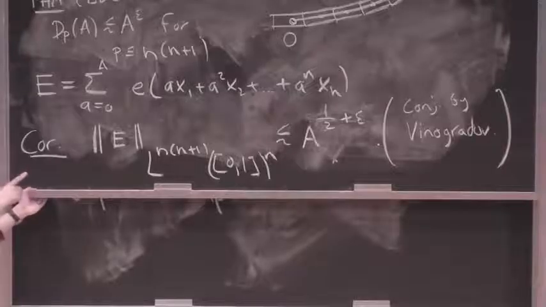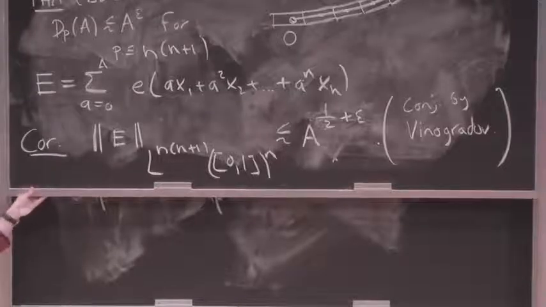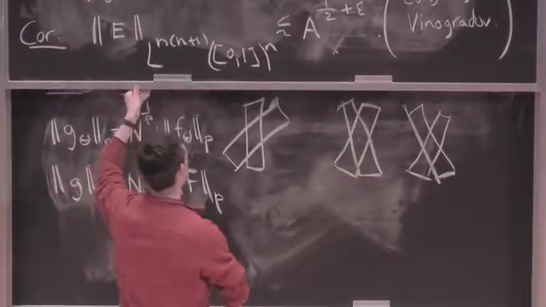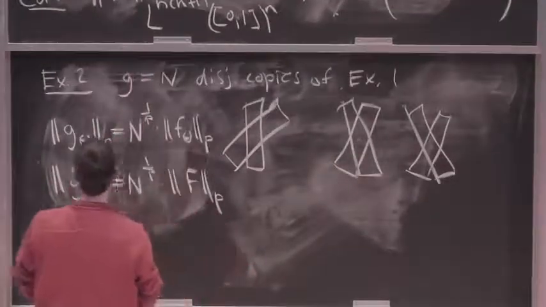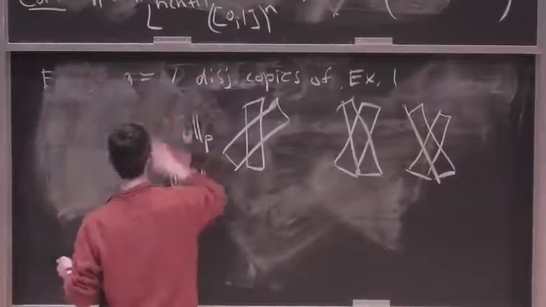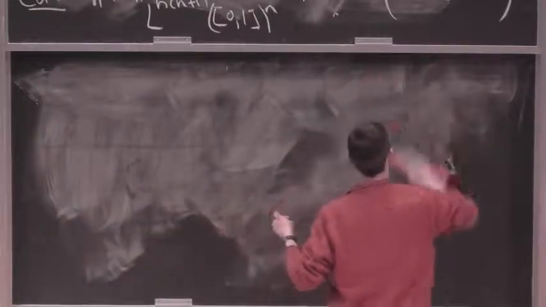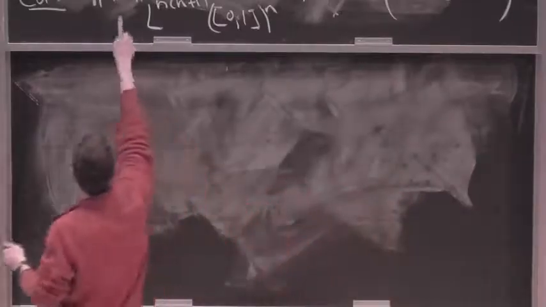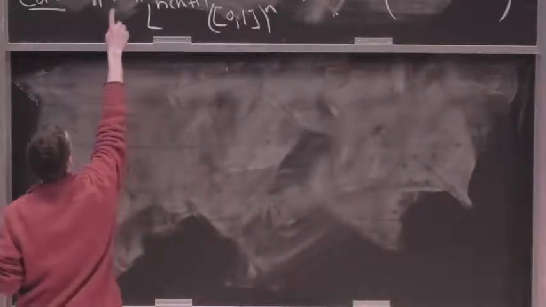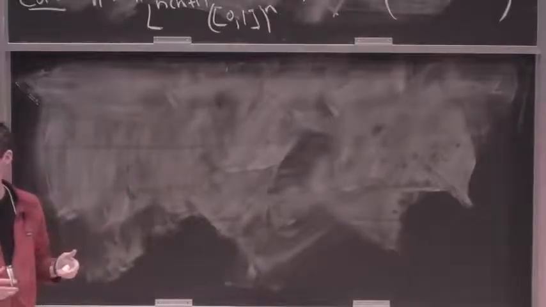So let me tell you what is the connection to number theory. Well, OK, so there are a lot of connections to number theory. The one that's closest to the surface, although not the one which is most important, is that this norm actually encodes the number of solutions to a certain Diophantine equation.